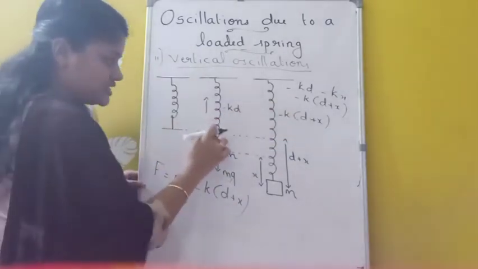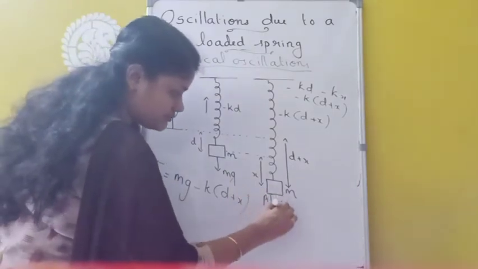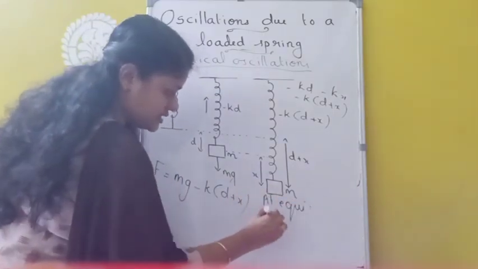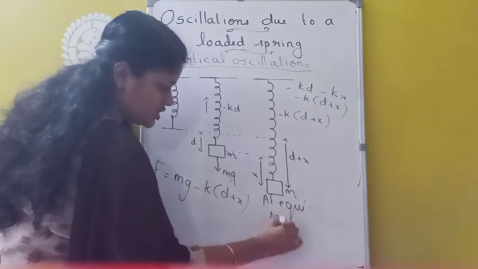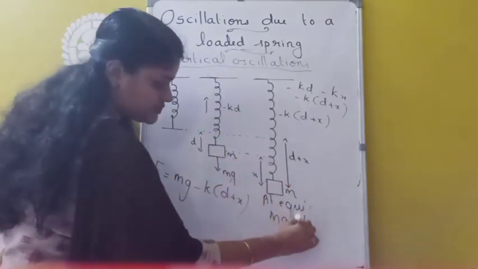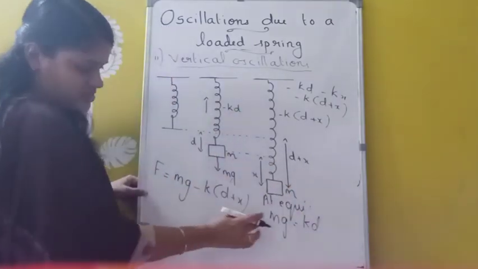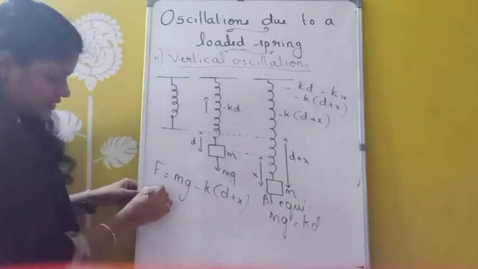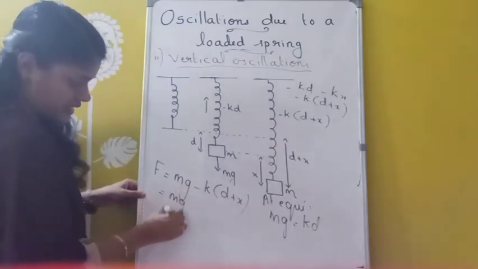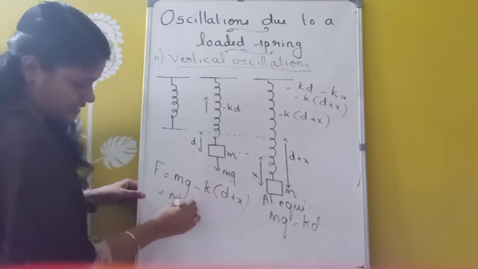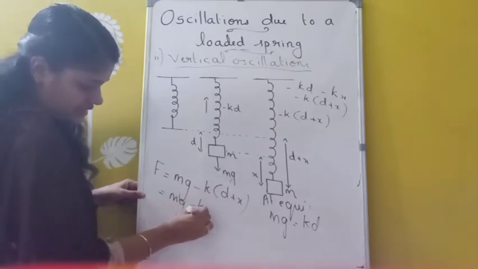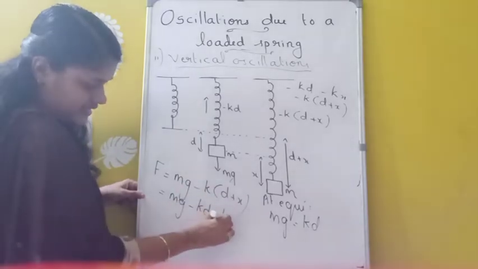But I told you at equilibrium condition, this mg weight is equivalent to k into d. I already told you. So mg equals k into d. Opening the bracket here, we have mg minus kd minus kx.